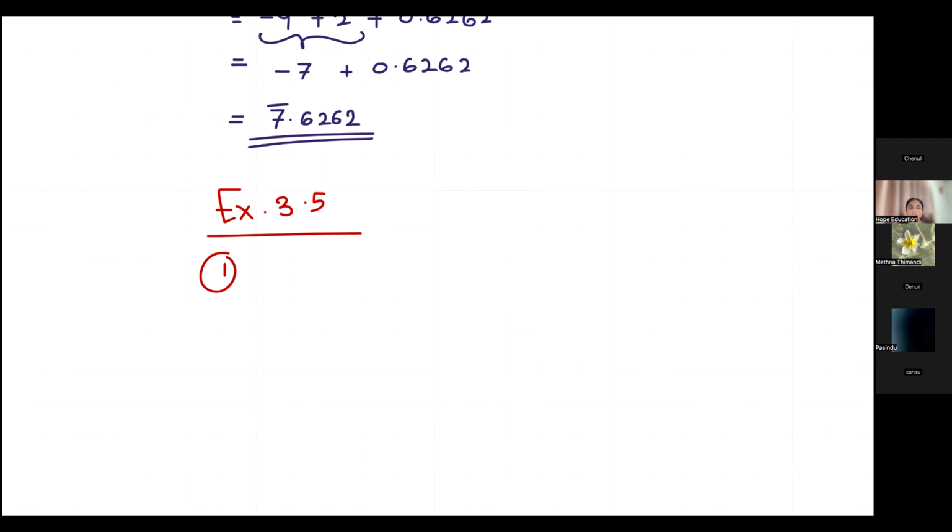It's pretty easy. Bar 2.7321 multiplied by 3. Quickly find the answer to this. Make it fast. I won't set a timer, but I'm also not going to give you a lot of time. Quickly finish.